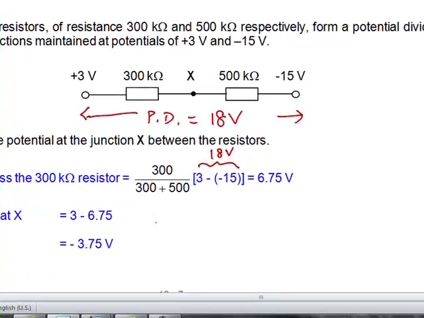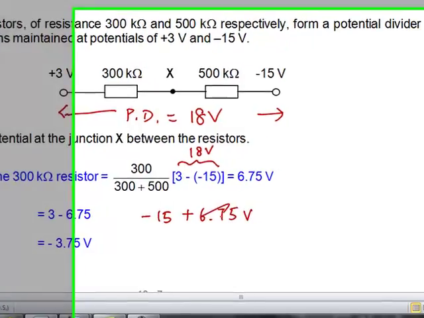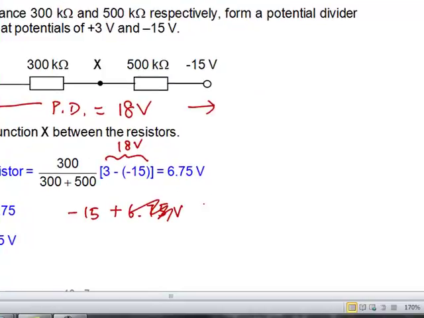Or you can also calculate it as minus 15 plus 500 over 500 plus 300 times 18.